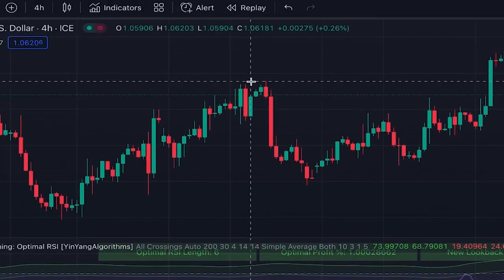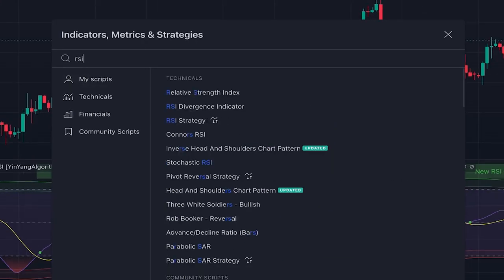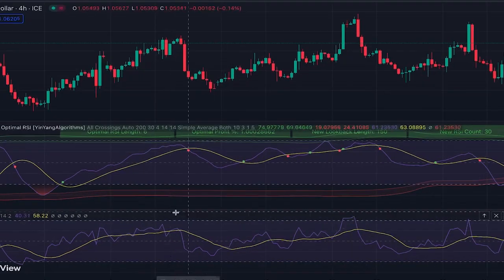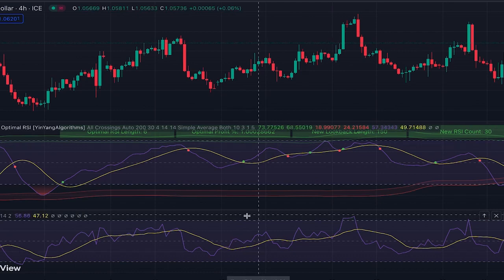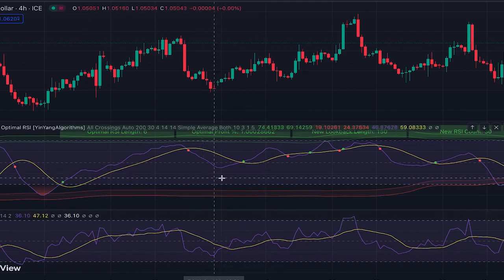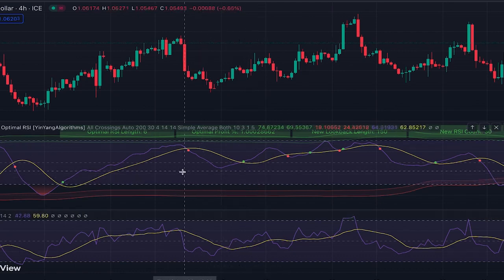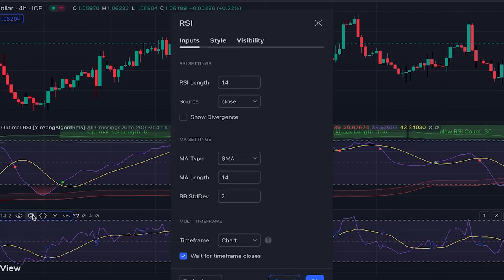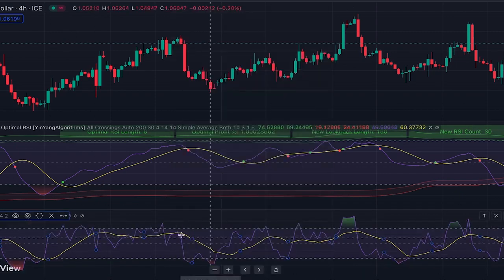Let me also add the original RSI to our chart, this one, so we can have a better comparison between them. The RSI length by default is set at 14, and here, by just viewing these two RSIs, you can see that this new RSI is considerably performing better with a lower amount of noise. Even if in the original RSI here in the settings we set the RSI length to 6, you can see that we have even more noise.